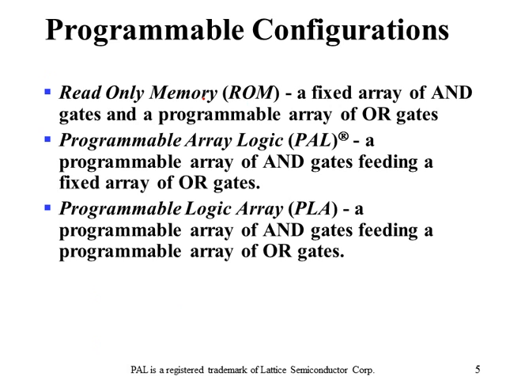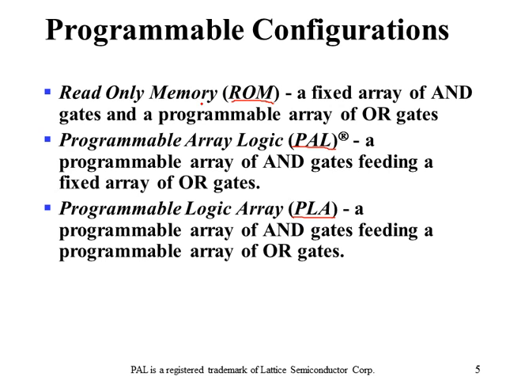The first one is called read-only memory, or ROM. Another one is called programmable array logic, PAL, and another is programmable logic array, PLA. Depending on which part of the device is programmable, we have a different technology.